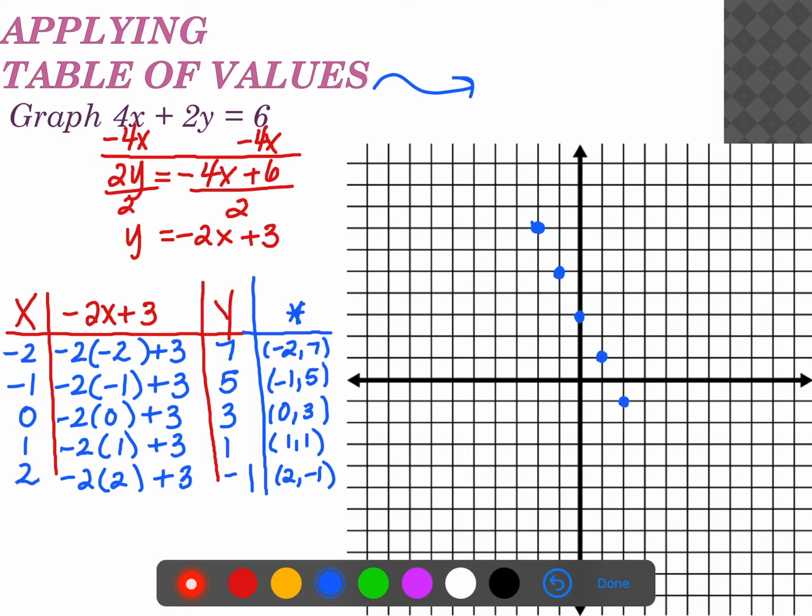Okay, so for a table of values, you always need to have 5 points. If those are the directions for the graph, you want to make sure that there are 5 points on your line. Use a straight edge to connect. You want to make sure that you have arrows on the end, because your line does continue.